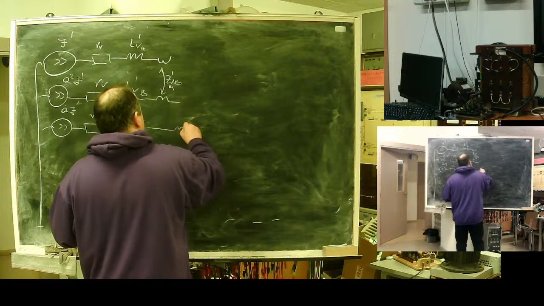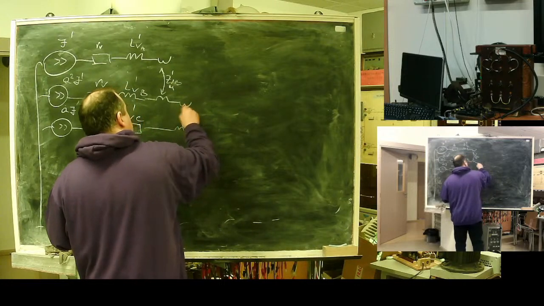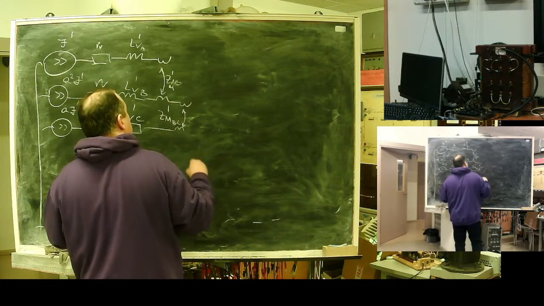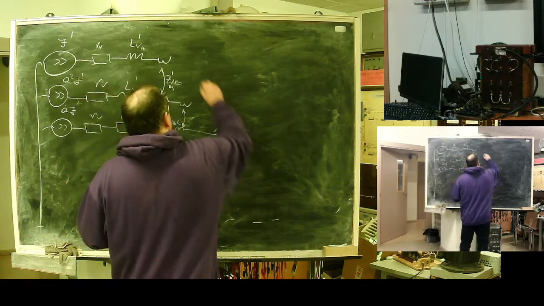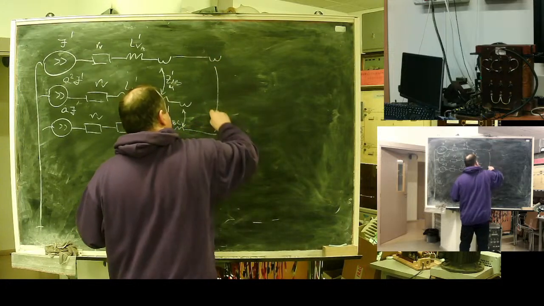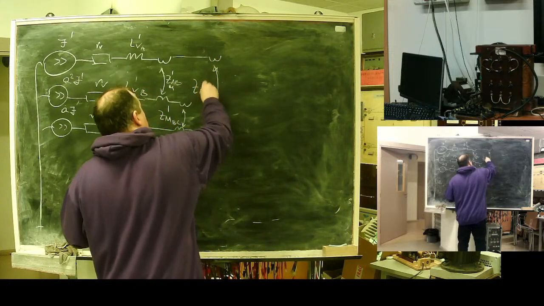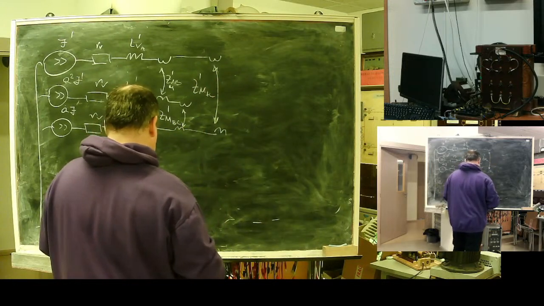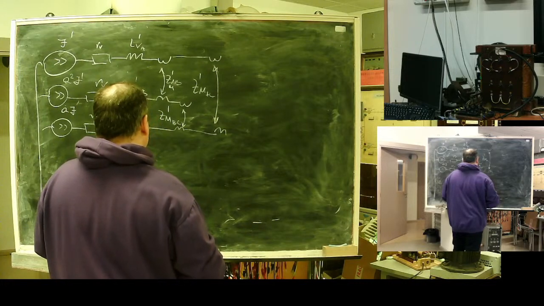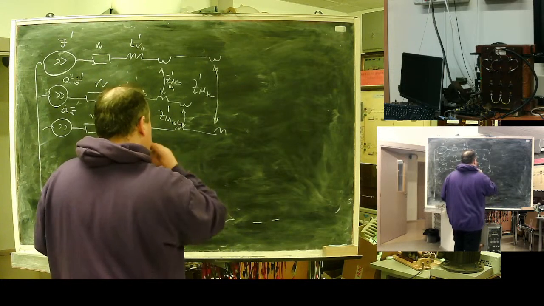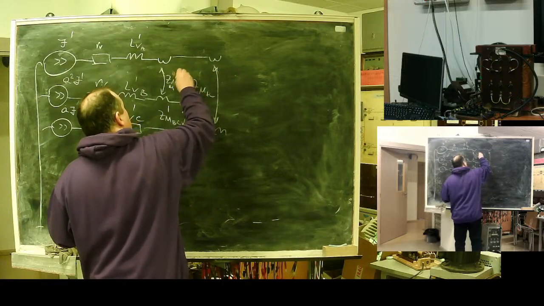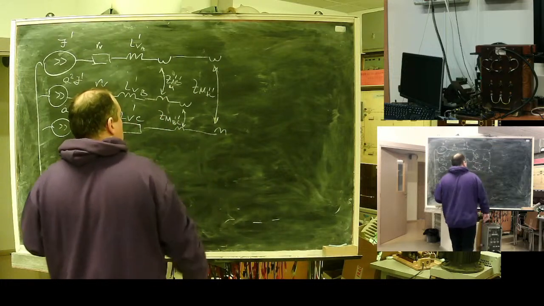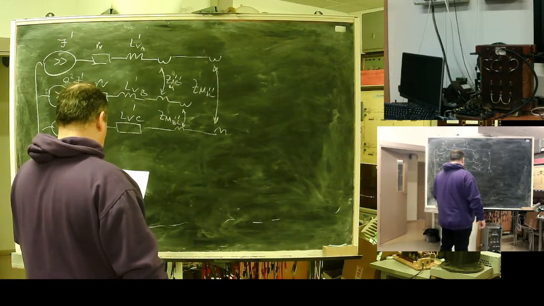Next one, Zm BC for the first line, and ZM AC for the first line. Actually I should use a big AB, AC, B1, C1. Block, block, block.